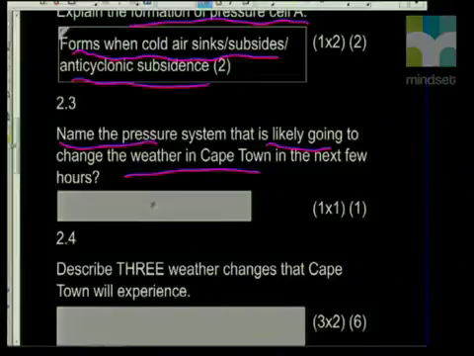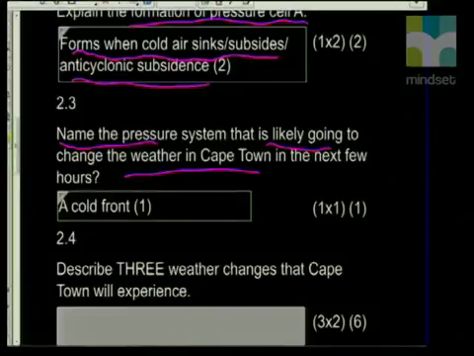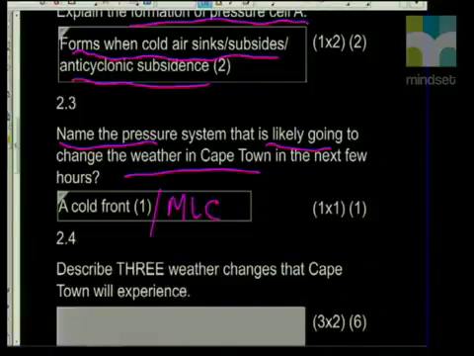So you can write cold front, we'll accept it, or you write the words mid-latitude cyclone. All right, let's look at this. I got cold front slash mid-latitude cyclone because it is a weather system. We'll accept both. That's just naming, so we got 1 mark.